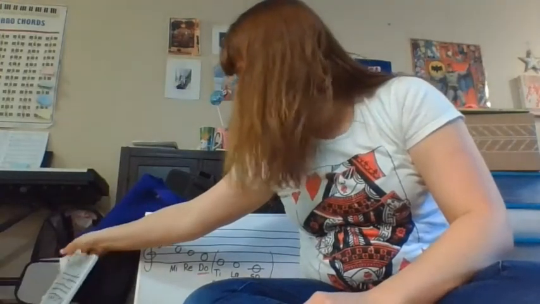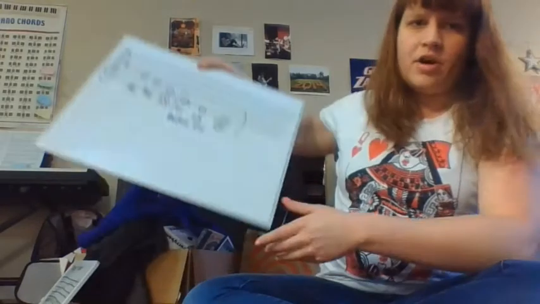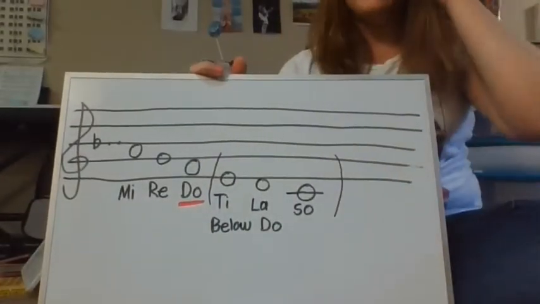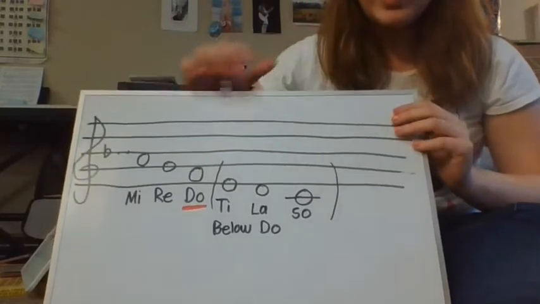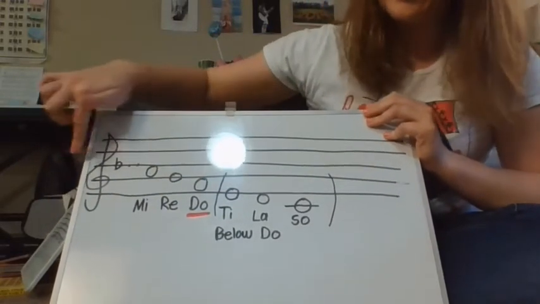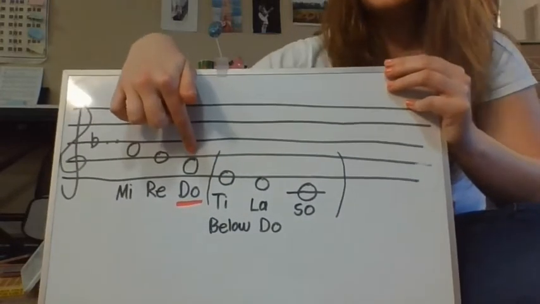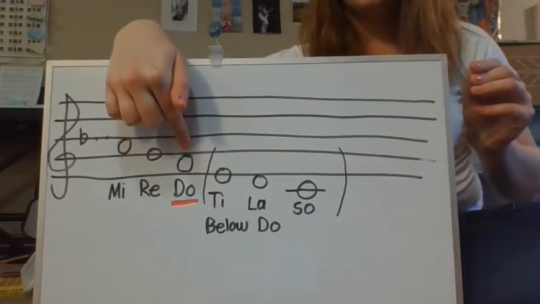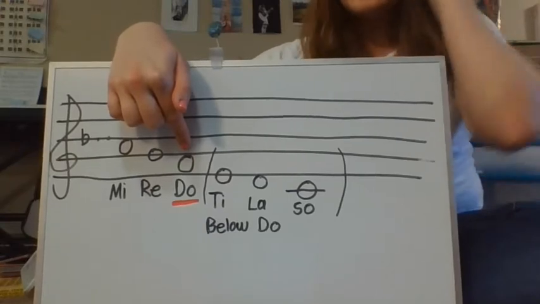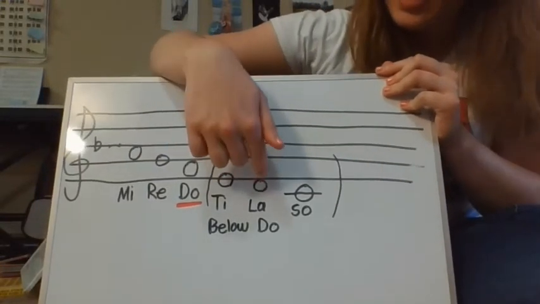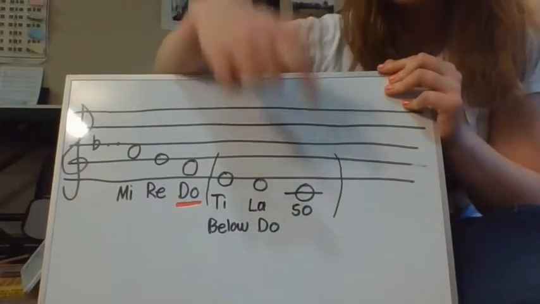Kind of like with numbers, pitch can keep on going in a higher direction or a lower direction. Our Do is right here, and it sounds like this. Do. And if we were to go lower, we would have Ti, La, So.